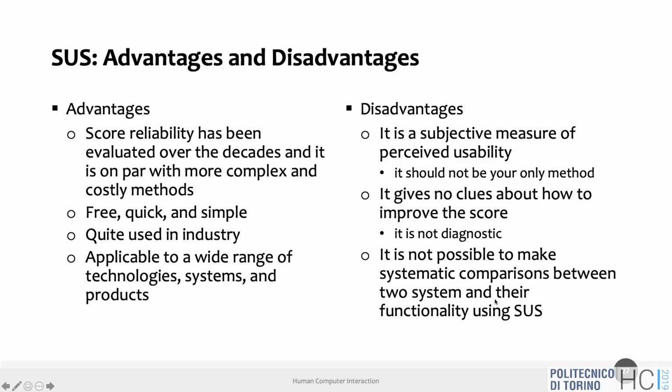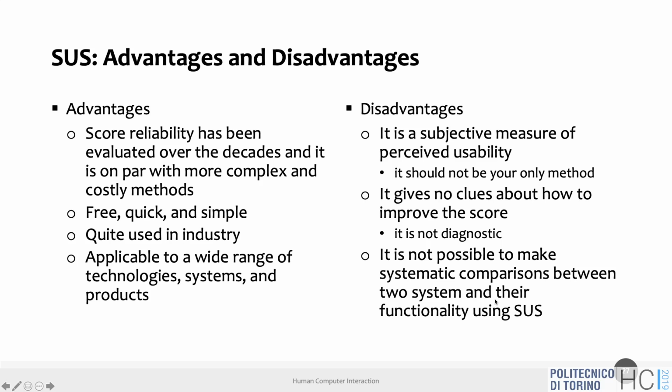It's not diagnostic in this sense. And as I said before, it's not possible to make a comparison between two systems that differ in their functionality by using this scale. You can say, my website got 80 as a score, so it's among the best 10% of websites. It's not better than another website in general.